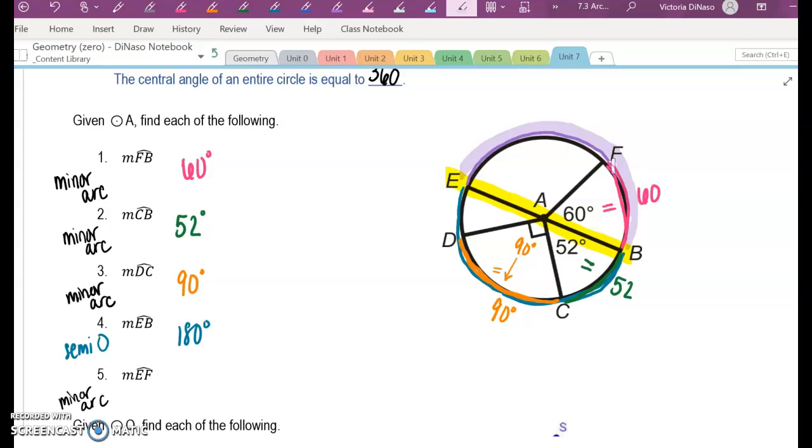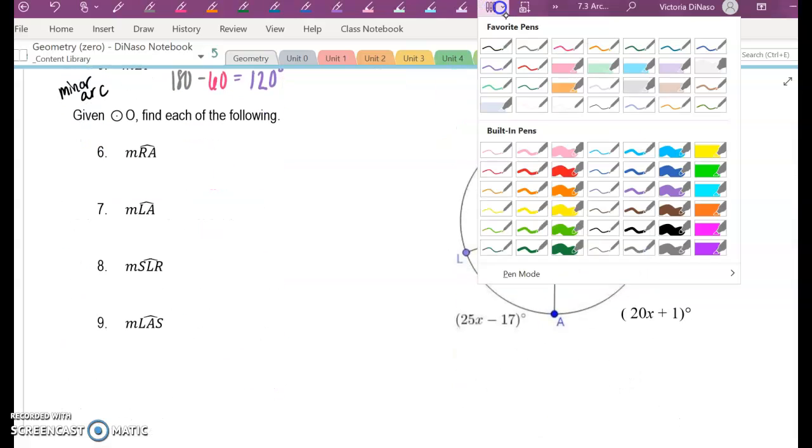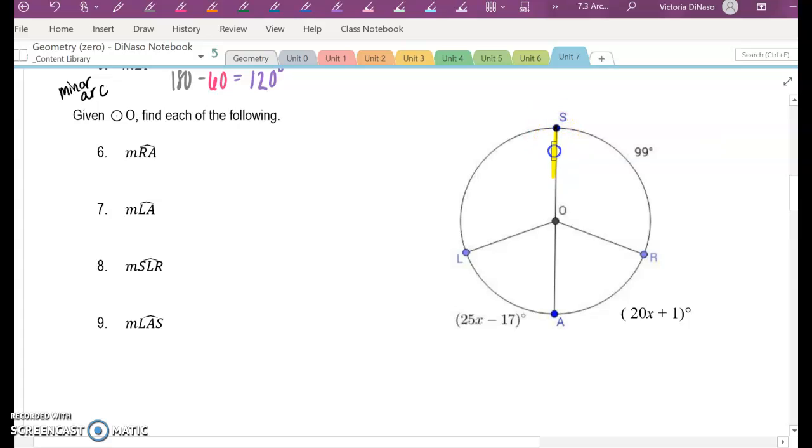So because we have a semicircle right there, we're going to take 180 minus 60, and we get our final answer for this missing piece, 180 minus 60, so we have 120 degrees. We have the next circle. Every single time, we are always going to highlight the diameter. So in this picture, I take my highlighter tool and I highlight from S to A.